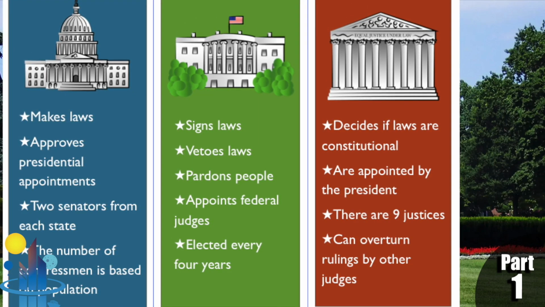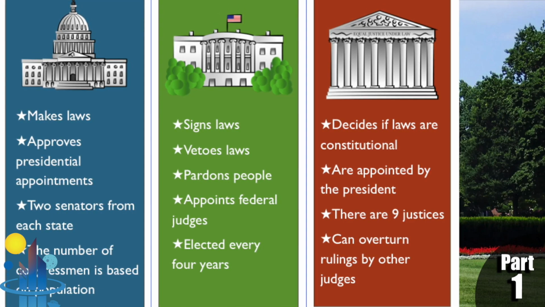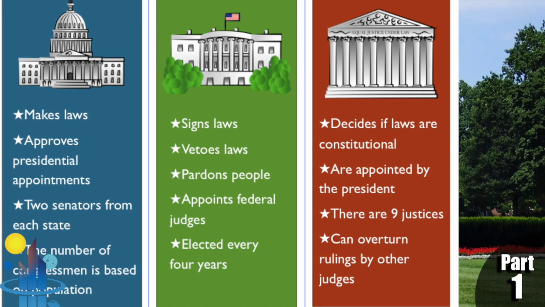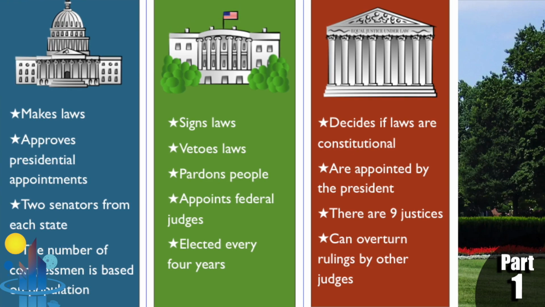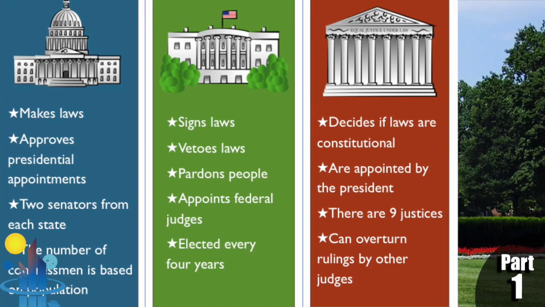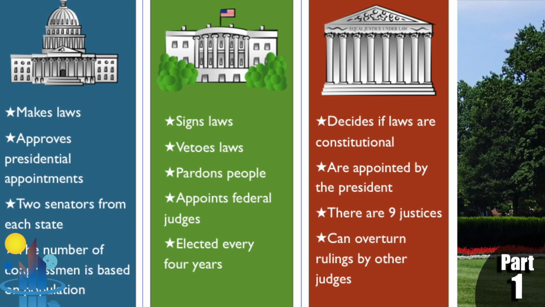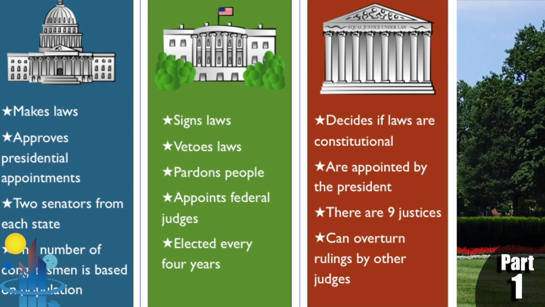There are 9 judges, called justices, I guess, who are nominated by the president and confirmed by the Senate. So who are the members and the positions? Well, you have the Chief Justice. That's the head.